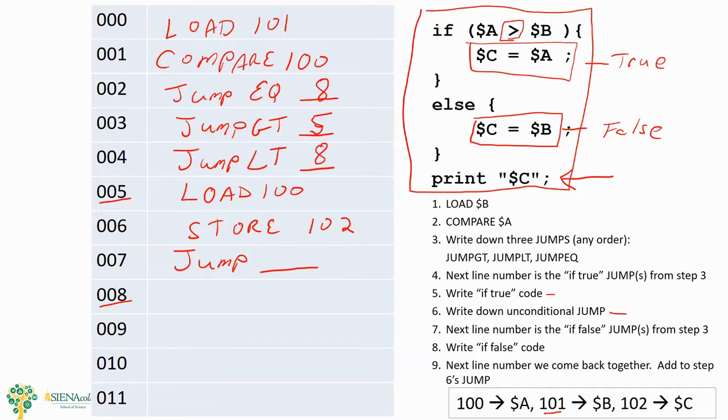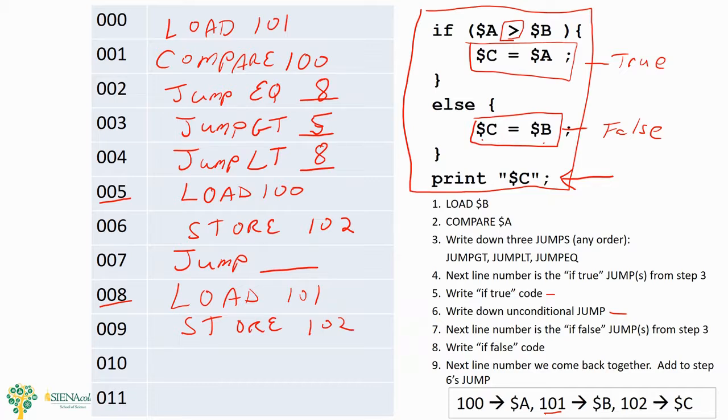We need to write our code for if false. So we're going to do a load B and store it in C. B is in 101. We're going to store C, 102. We're done with our if false.